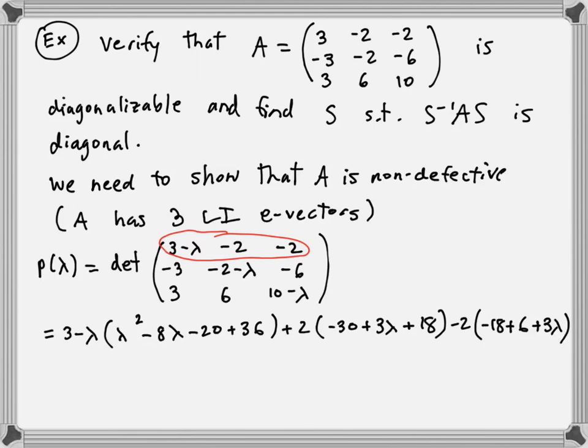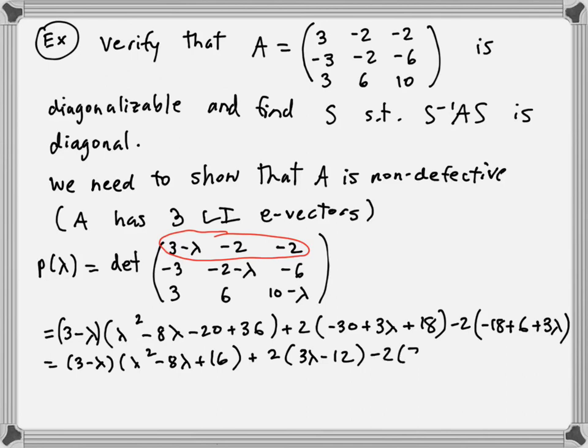Okay, so what happens here? I'm going to simplify what's inside. Oh, I have to put this in parentheses. So what I have here is 3 minus lambda. If I combine like terms in here, I get lambda squared minus 8 lambda plus 16, and then plus 2 times 3 lambda minus 12, and then minus 2 times 3 lambda minus 12.